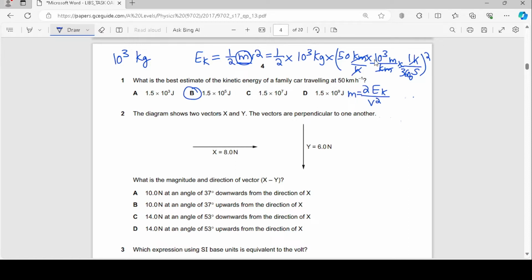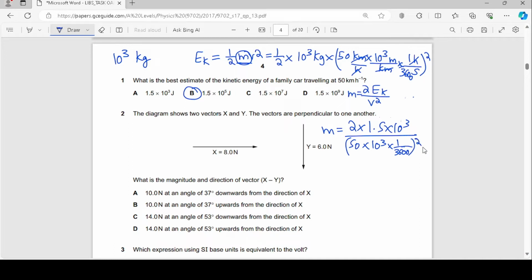So basically you're solving the question in reverse. For example, m equals 2 into the first option, so 1.5 into 10 to the power of 3, divided by the velocity, so 50, but in SI units, so into 10 to the power of 3 into 1 over 3,600, and square that, obviously.